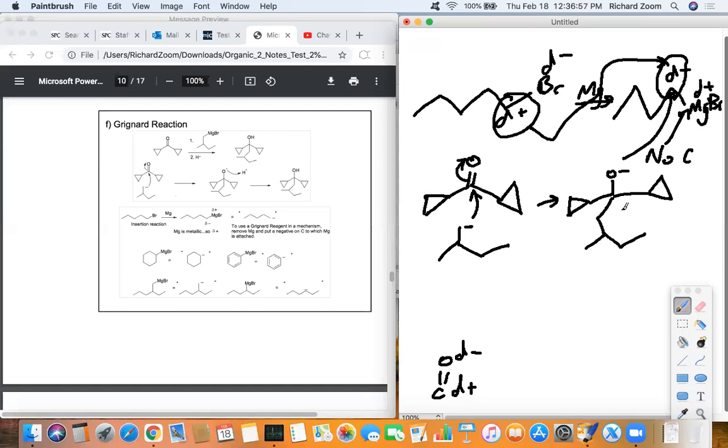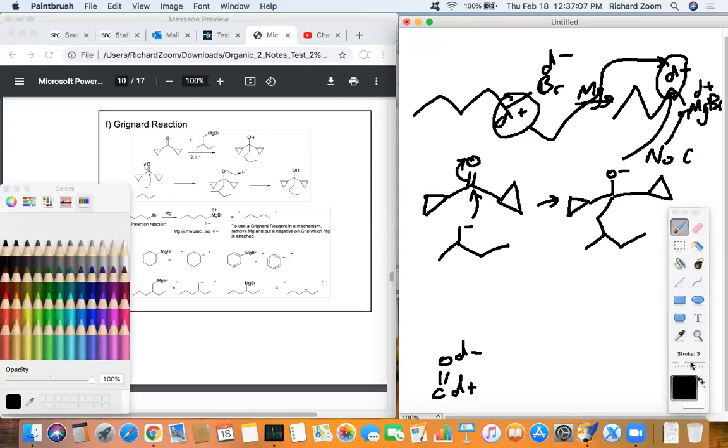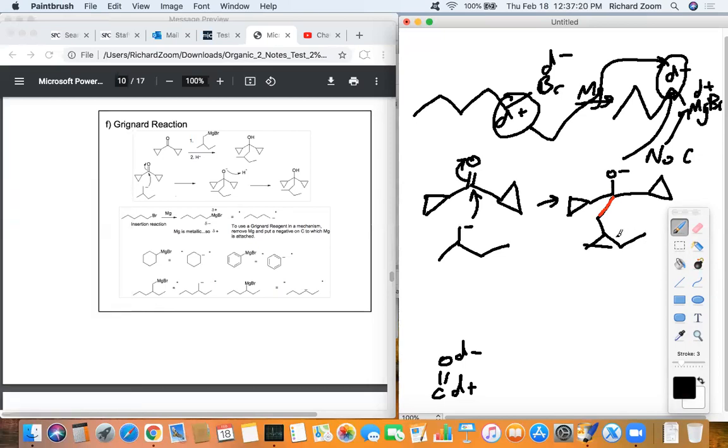So this here is the new bond. I'll see if I can change the color of it. There we go. So that bond there is new, that red bond.